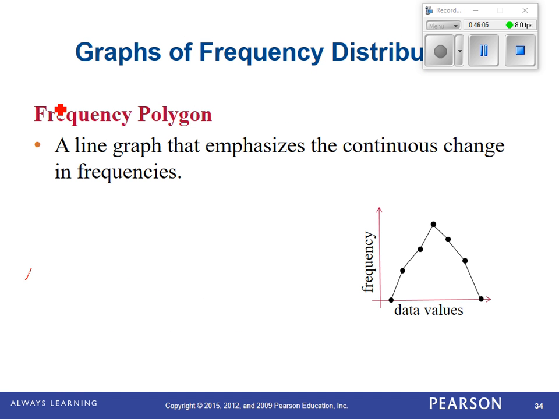Frequency distribution, frequency polygon. A frequency polygon is a line graph that emphasizes the continuous change. I'm not going to expect that Riley has all this memorized, as long as she's got it written down in her notes, and she looks back at it and goes, oh, that's all I do.